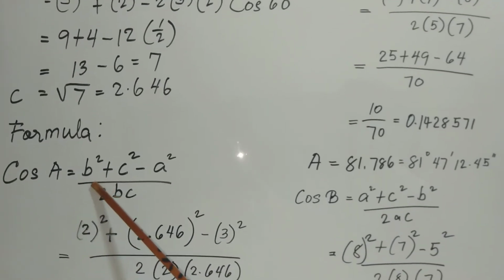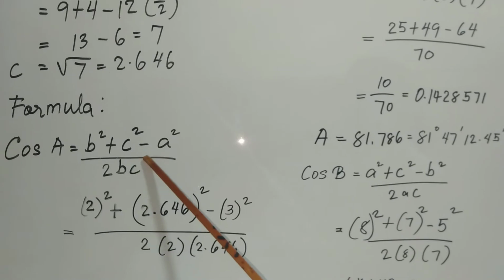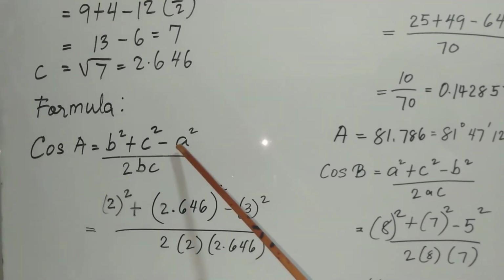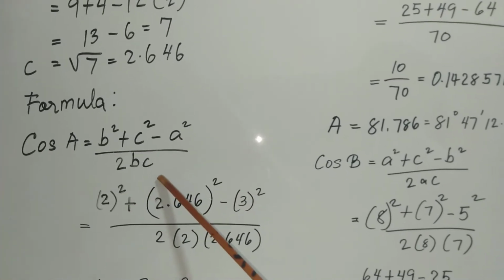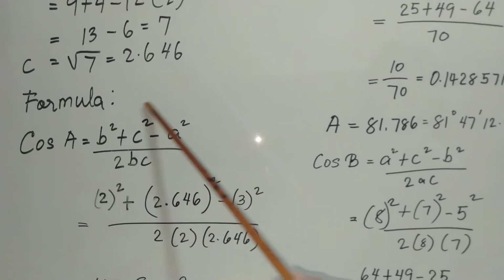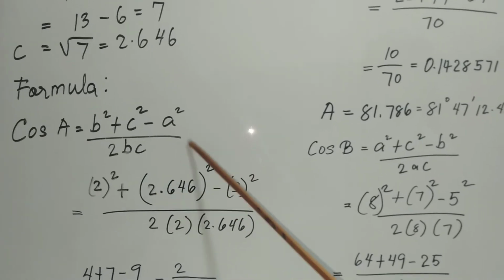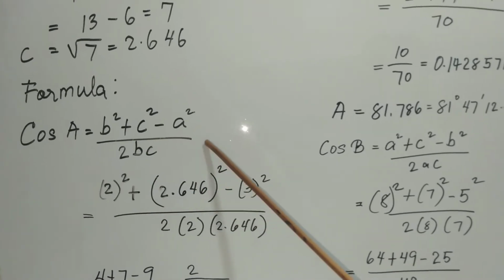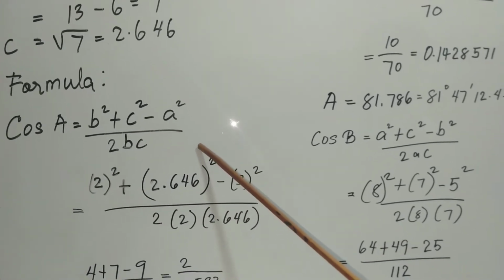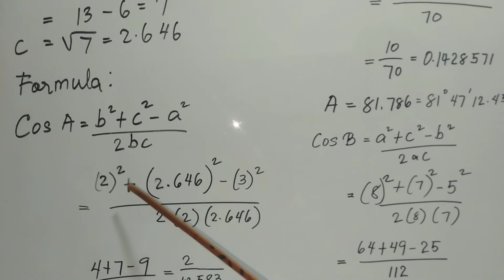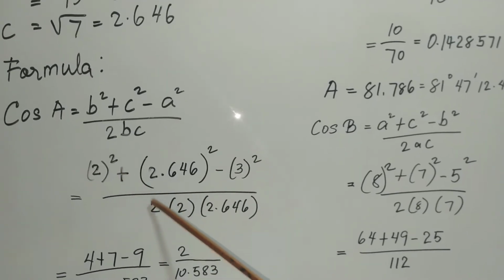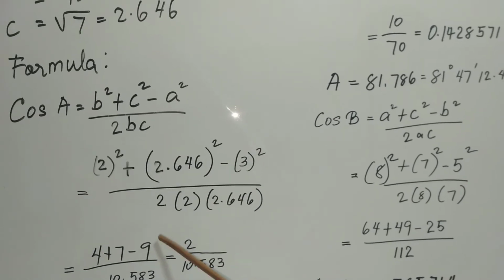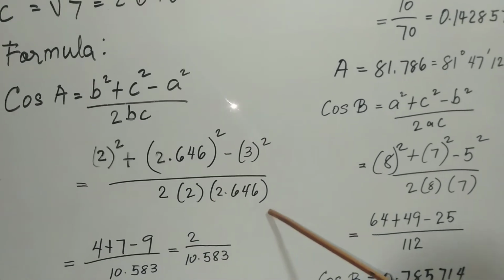Next, after completing the three sides, we're going to use the formula cosine A is equal to B squared plus C squared minus A squared over 2BC. As you can see, we used all the sides because we have completed all the sides already. So we just substitute the values that we have solved and given. So 2 squared plus 2.646 squared minus 3 squared, all over 2 times 2 times 2.646.